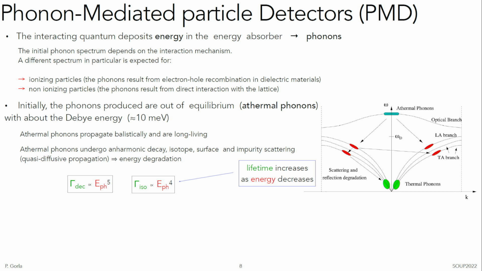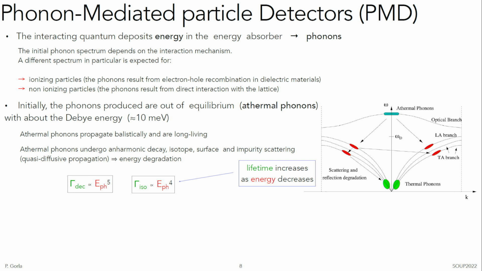And in fact, the phonons produced initially are out of equilibrium. They are thermal phonons, but going on in time, they propagate and they reduce their energy. So originally you have these high energy phonons, often called ballistic phonons, that propagate through the material, and then through a number of processes, they degrade their energy.